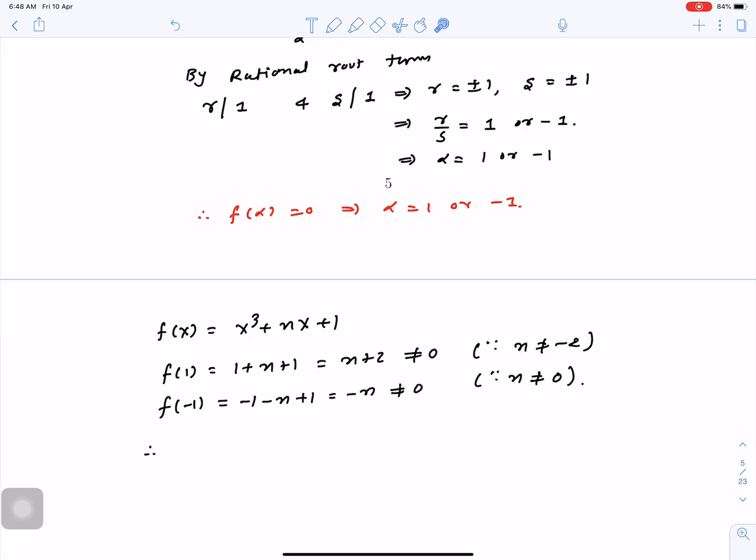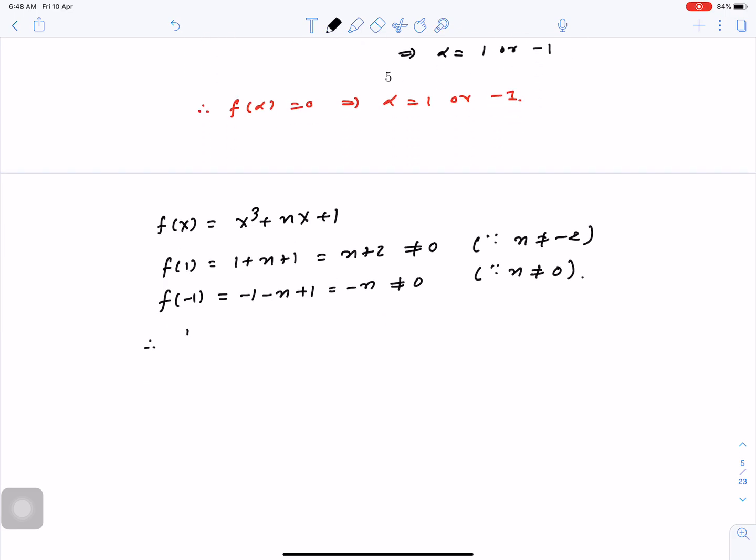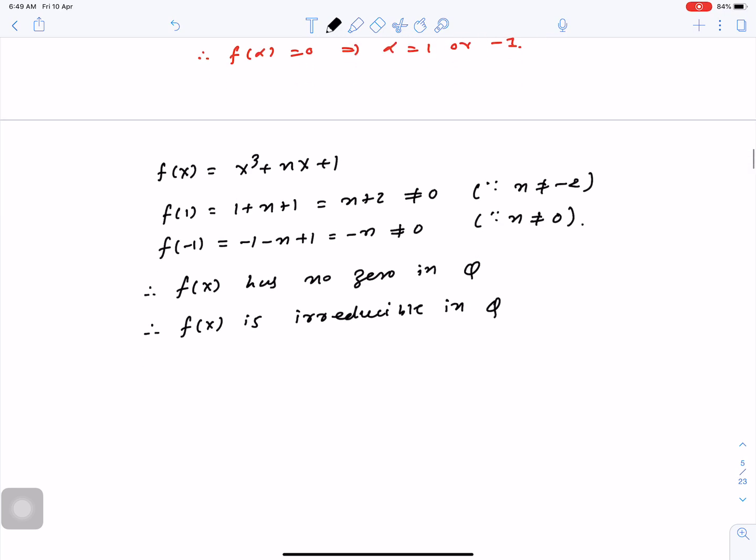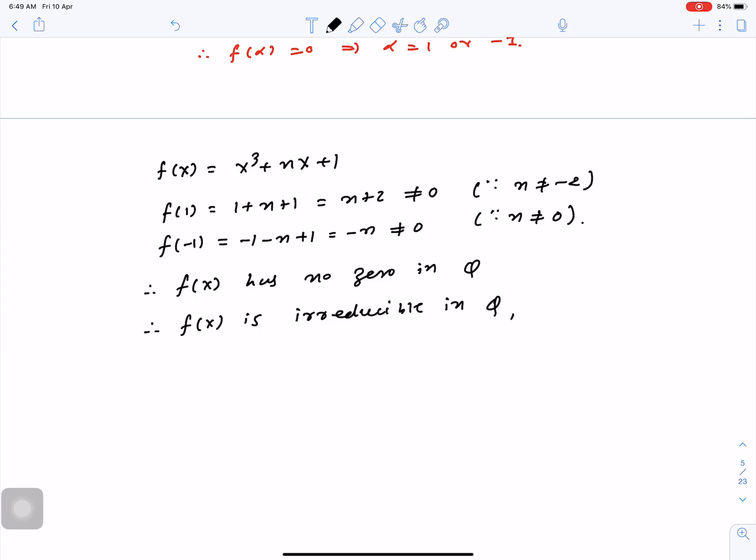So therefore f(x) has no zero in Q. So therefore f(x) is irreducible in Q, and f(x) is also monic.